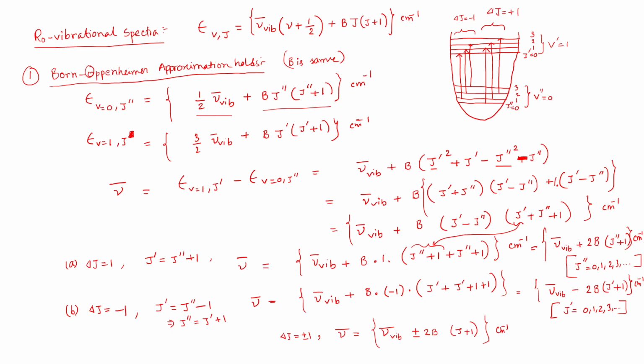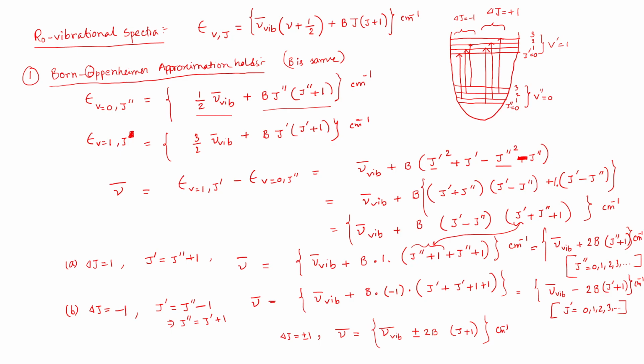Now, when the Born-Oppenheimer approximation breaks down, the vibrational energy levels and the rotational energy levels will interact. The ideal case is they won't interact, but in reality they should interact, right? Because vibronic energy levels hold the rotational energy levels, and beyond that, electronic energy levels hold the vibronic levels.